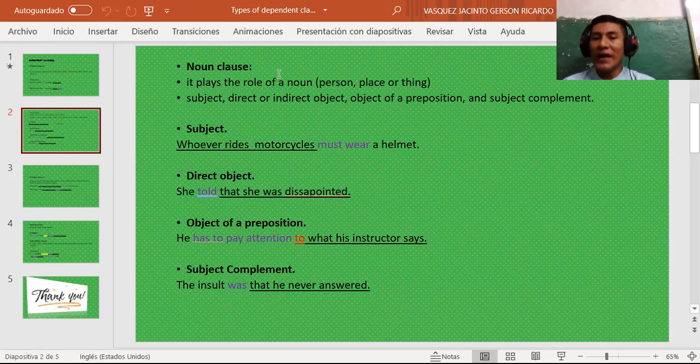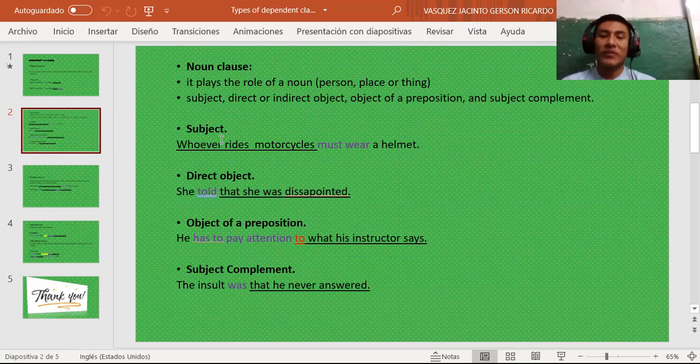We have noun clauses as a subject, as a direct object, as an indirect object, as an object of a preposition, and as a subject complement. Let's take our examples.